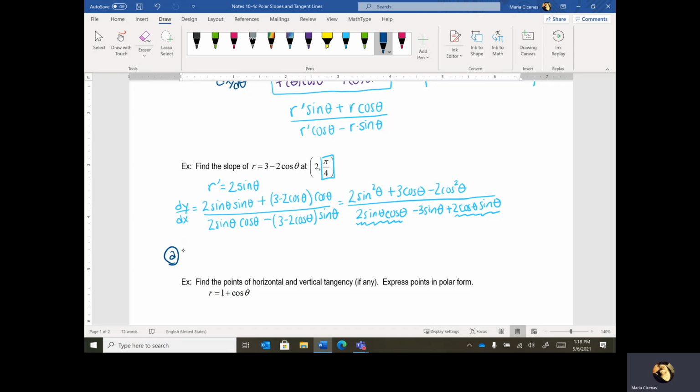So this is going to be at pi over 4. And pi over 4 on the unit circle, that's the easy one, right? Radical 2 over 2. And since those are like terms, I'm going to write that as 4, and then I can say radical 2 over 2 squared, since it's the same for sine and cosine.